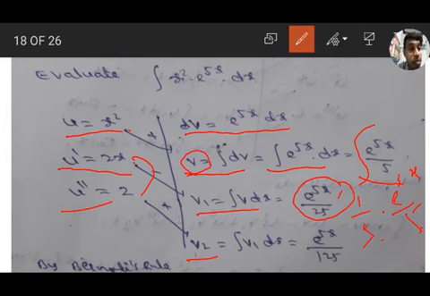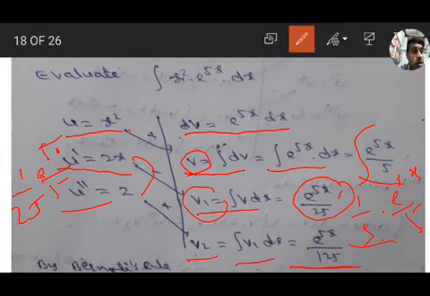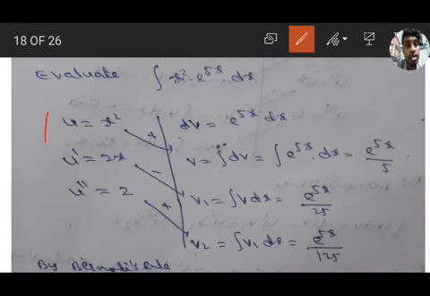Next, v2 means integration of v1 dx. v1 is e to the power of 5x by 25, where 1 by 25 is outside. Integration of e to the power of 5x is e to the power of 5x by 5, so 25 into 5 is 125, e to the power of 5x by 125 is the integration. Therefore, these are the successive derivatives and successive integrations.